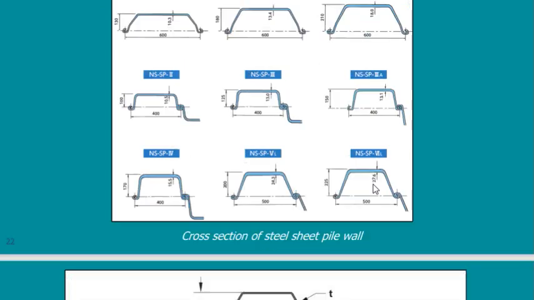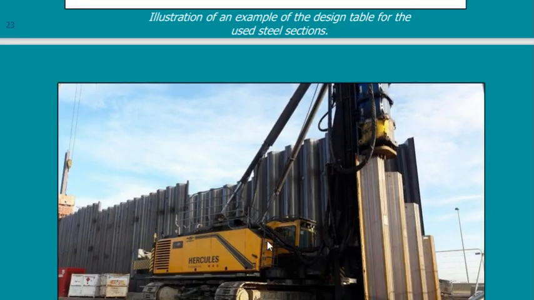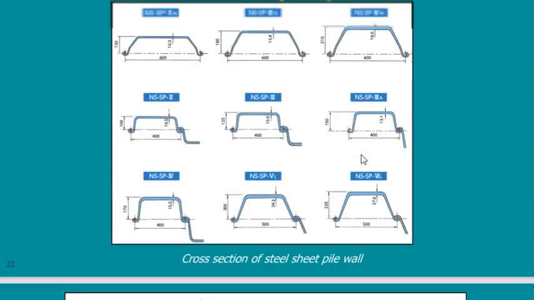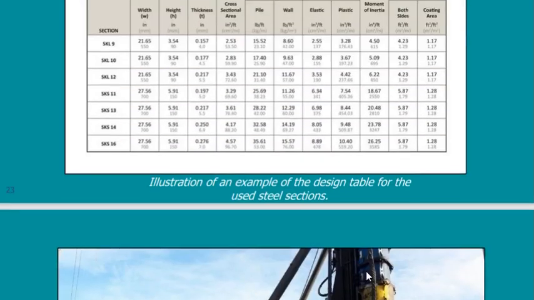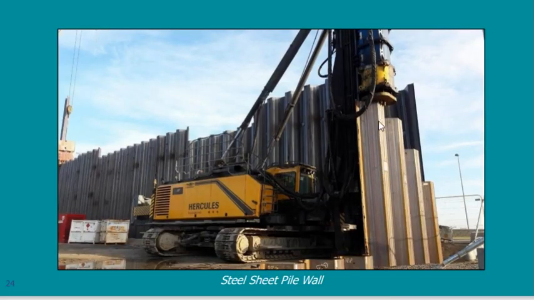But let's see how we do this. This big machine takes this one, which is one like this. This is the cross section of this. So this section is taken by this machine, and this machine starts pushing. It's a very big and powerful machine.